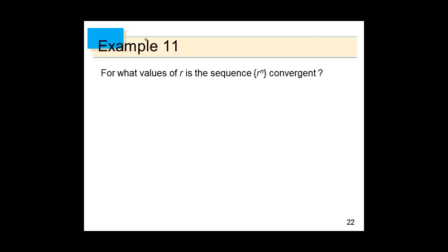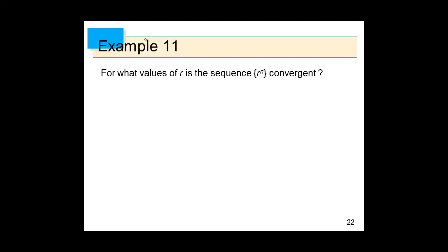Okay. Now, in this example, we will look at the sequence r to the n. Here, r is a fixed constant, okay? So the sequence is r to the 1, r to the 2, r to the 3, r to the 4, r to the 5, and so on. r is fixed. Now the question is, for what values of r is this sequence convergent?